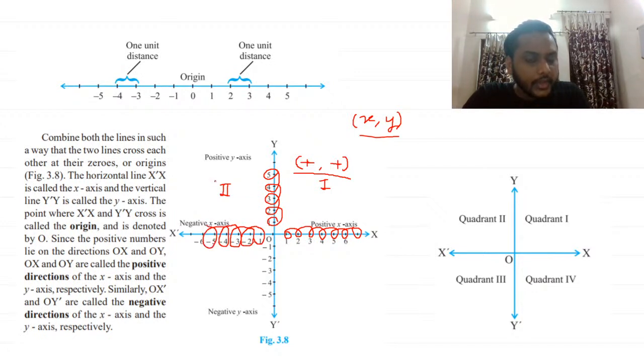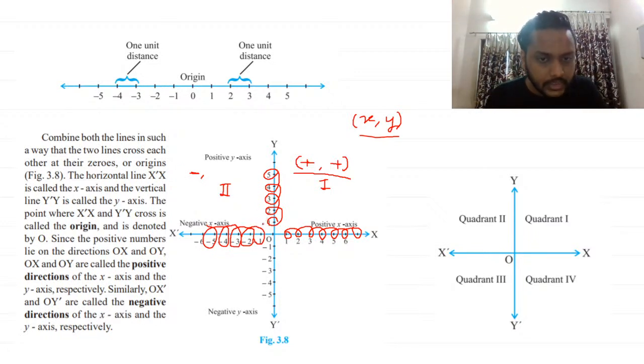So I'm putting my x equal to negative. And my y will be what? Your y will still be +1, +2, +3, +4, +5, which means positive. Am I clear?